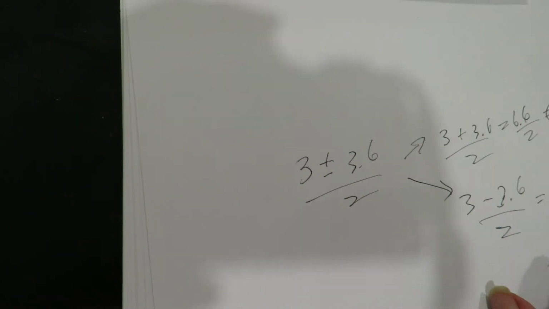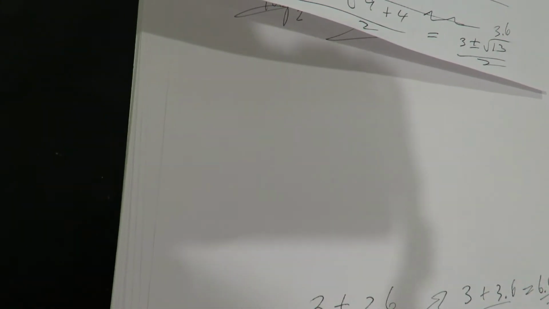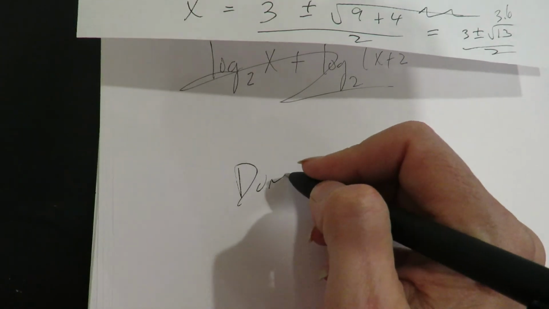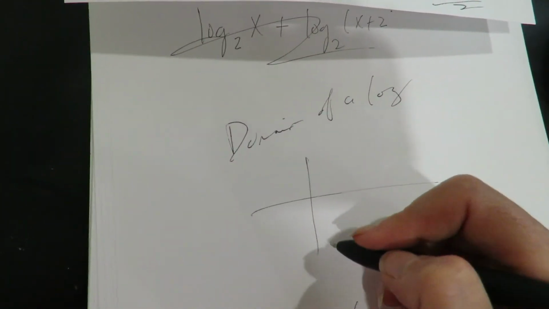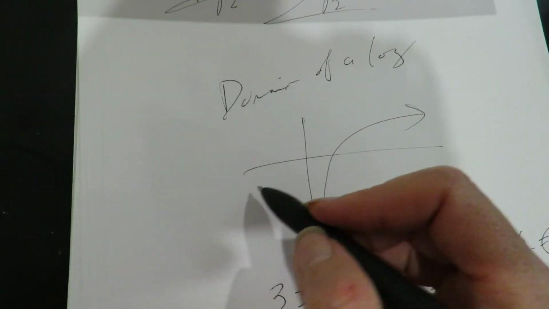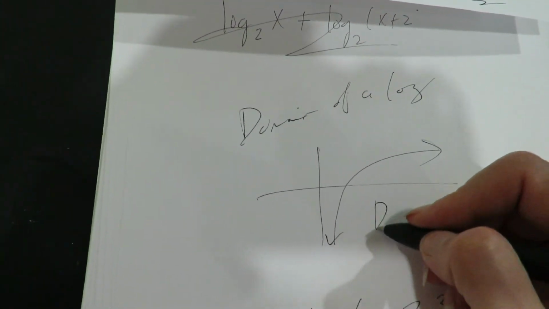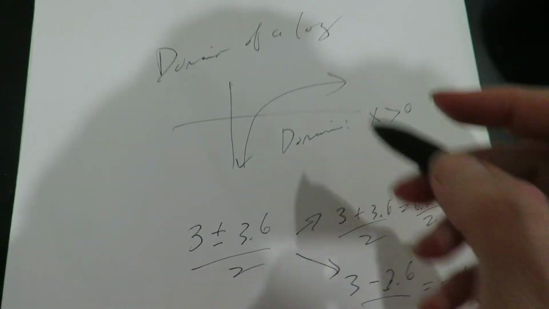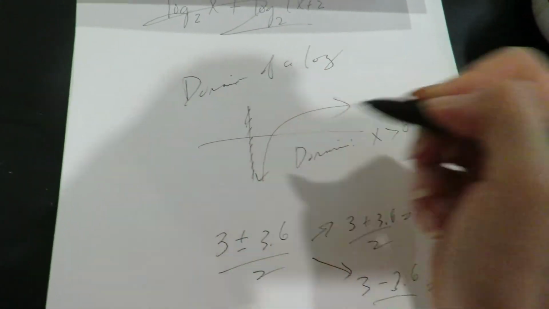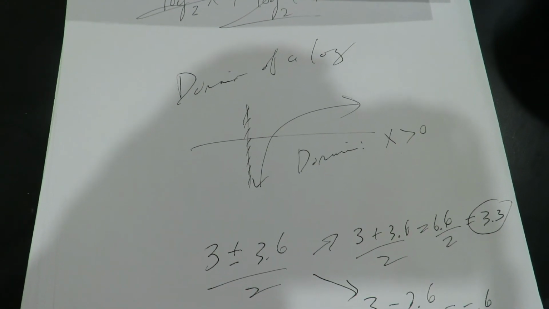So try to remember, and let me just try to be really clear here to help you, that the domain of a log is not the whole number line. The domain of a standard log is that x actually has to be greater than 0. It can't even be 0 because you've got a VA at 0. Okay?